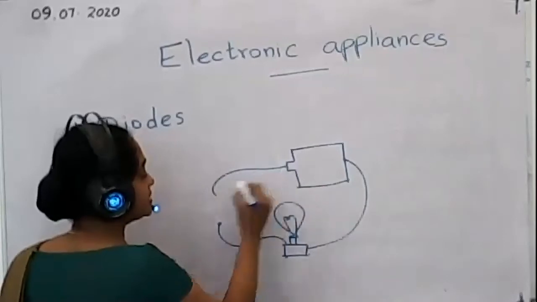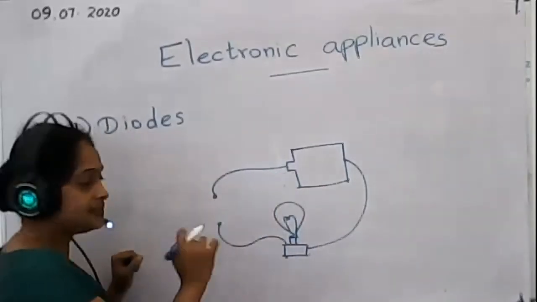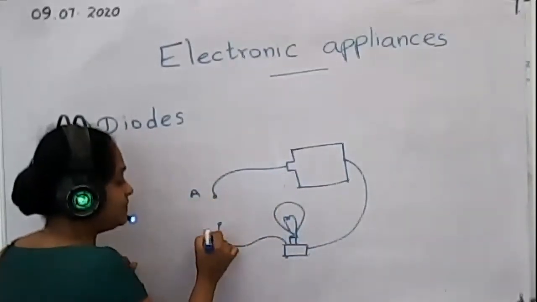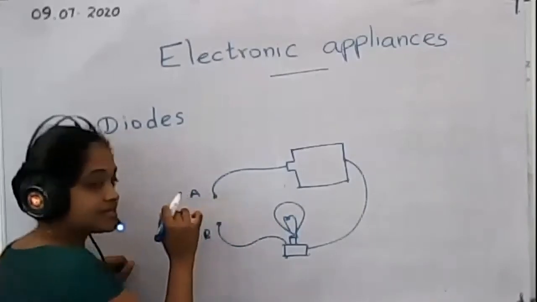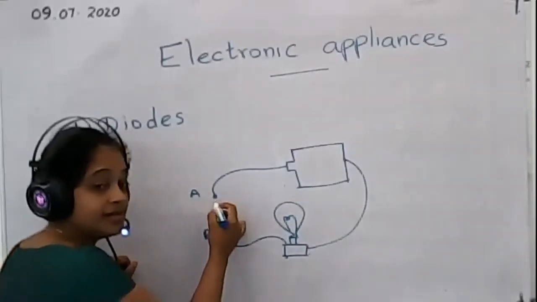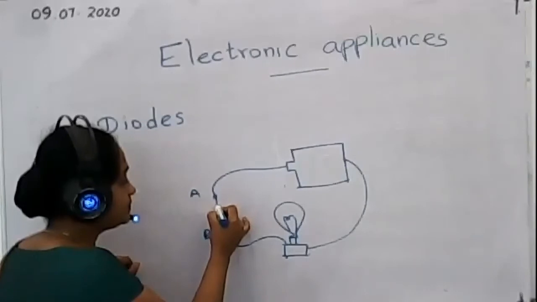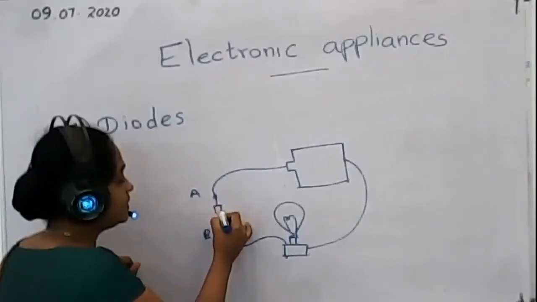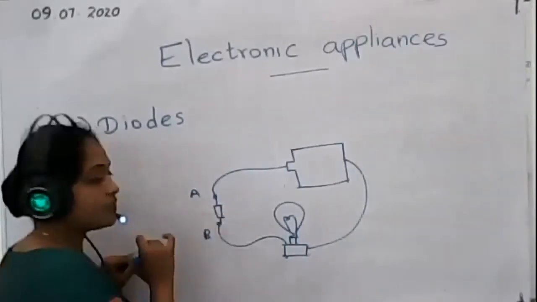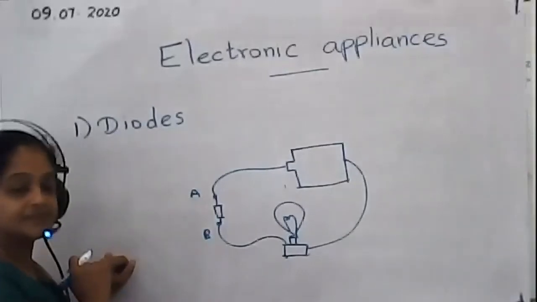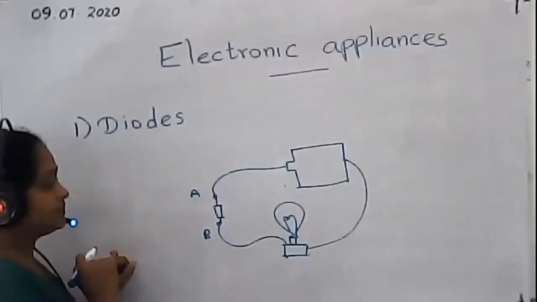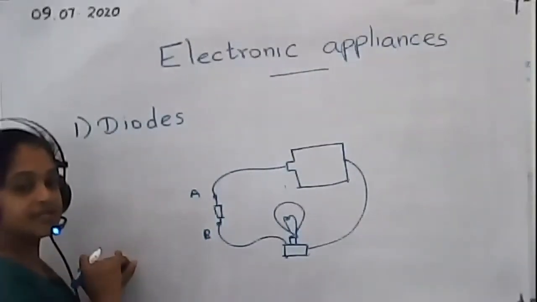Right, the other end is connected with the dry cell. The point A and B, the space. The two spaces are connected by using a diode in here. Diode is such a very small electronic appliance. Right. Draw the diagram.